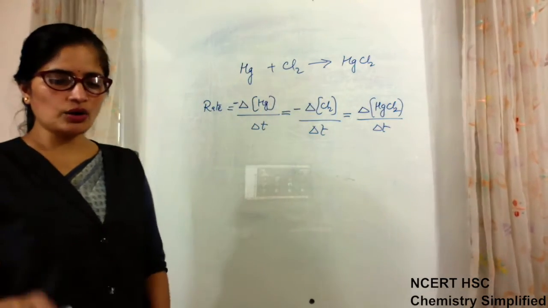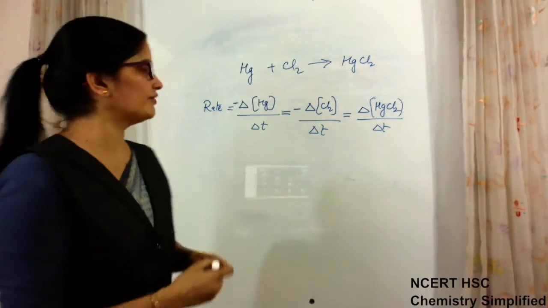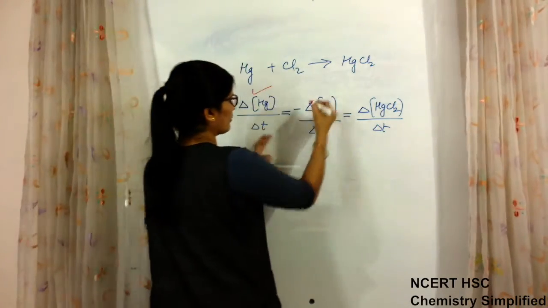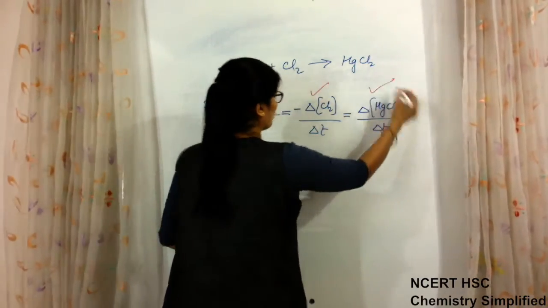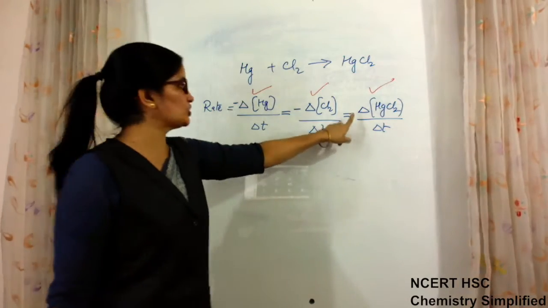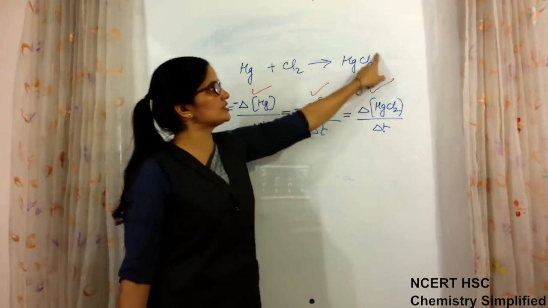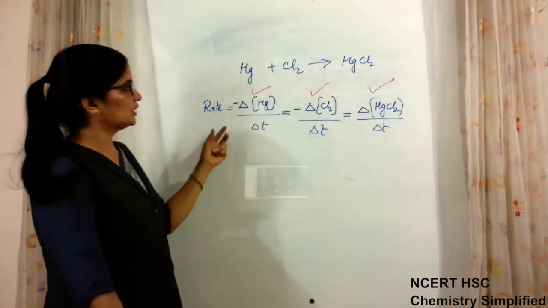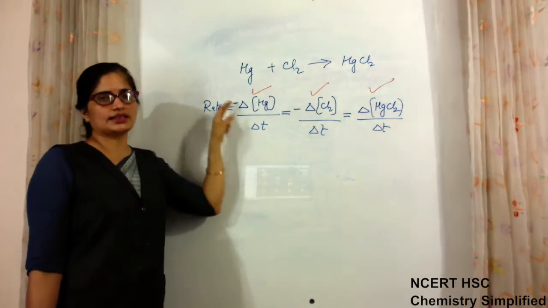By any one of these three methods, either I will use this expression, or this expression, or that expression without negative sign because this is product, to find the rate of this reaction.